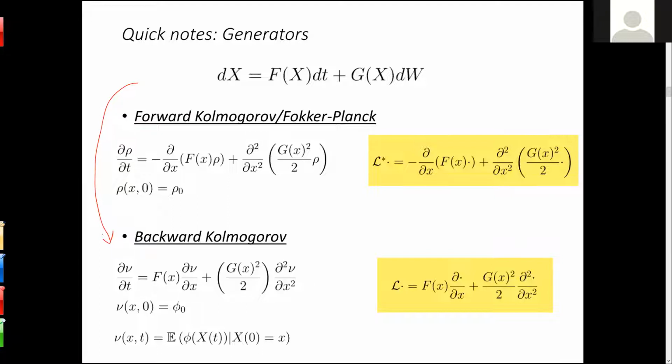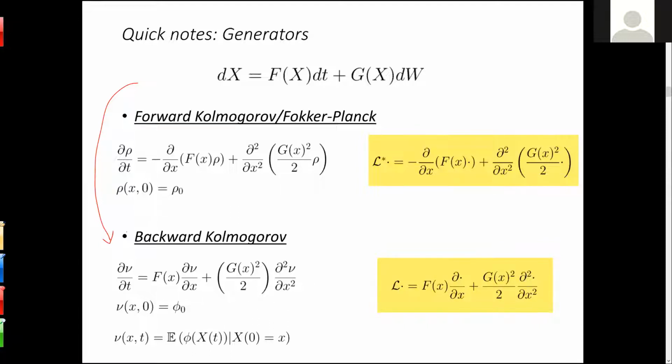So you can formulate a Cauchy problem. Partial of v with respect to t equals f of x partial of v with respect to x plus g of x squared over 2 second partial of v with respect to x, with some initial function phi0. v of x is expressed that way.